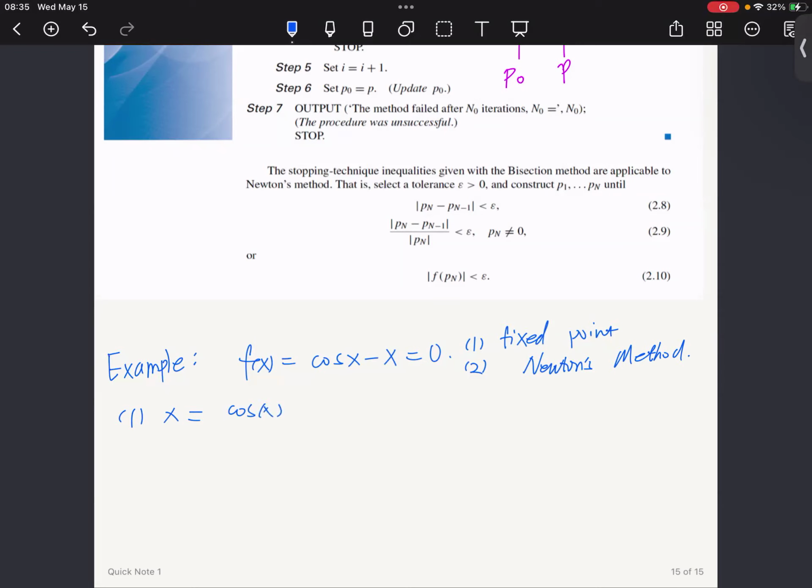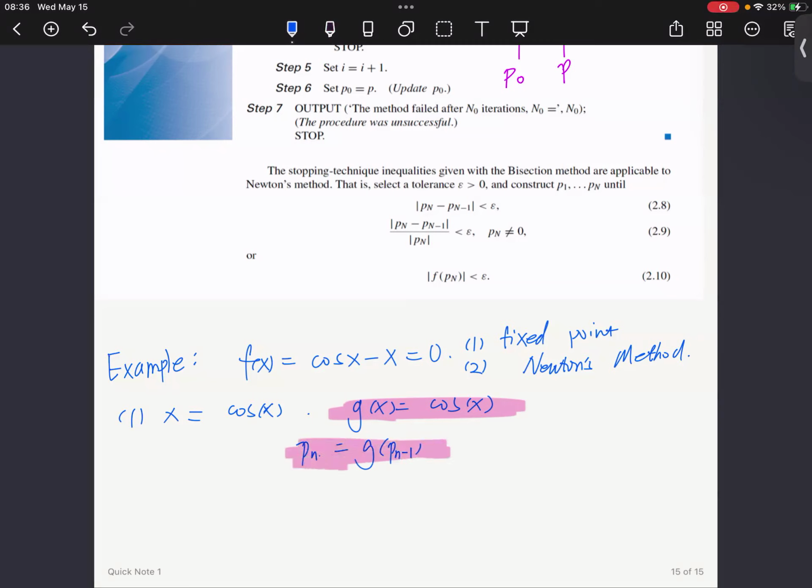Now we get that the g function is equal to cosine x here. This is the fixed point methods iteration, which means that we are going to generate the sequence by Pn equals g(Pn minus 1). This is the fixed point methods.